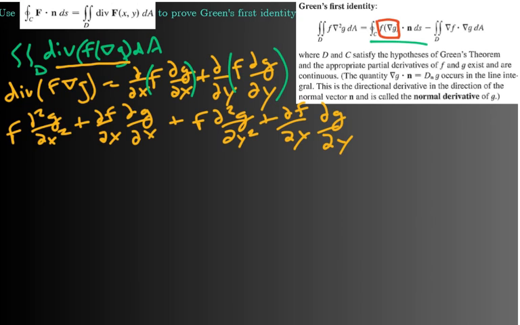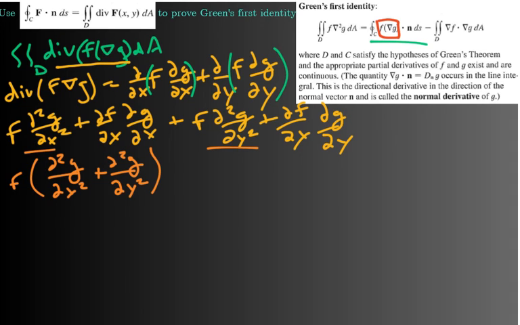Okay. So what I can do now is I've got some stuff I could factor. So I could pull an f out of here, and I would have partial squared g over partial x squared plus partial squared g over partial y squared. And then I'm just going to copy that over.